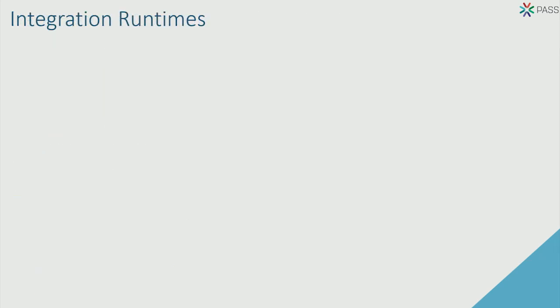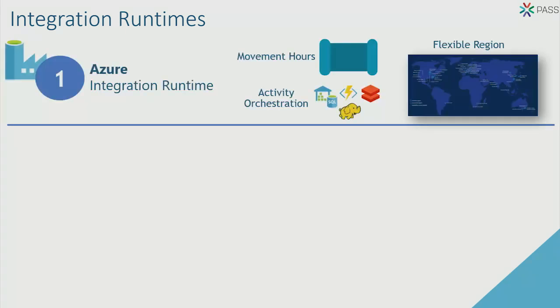Next up is this thing called an integration runtime. And the name has been overused here, and we have 3 integration runtimes within our Data Factory that we need to understand if we're going to work with it. The first one, an Azure integration runtime. So we get this out of the box in our Data Factory. We can't avoid it. We have to have one of these. This is the little bit of compute behind the scenes that just allows our Data Factory to execute and invoke those services.